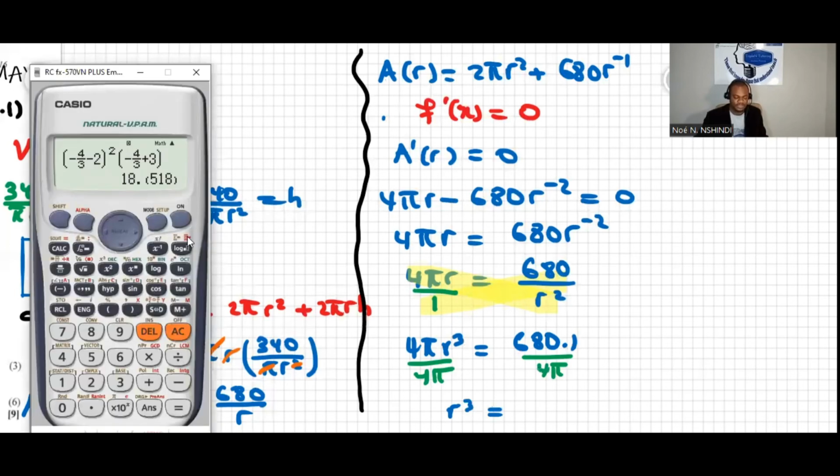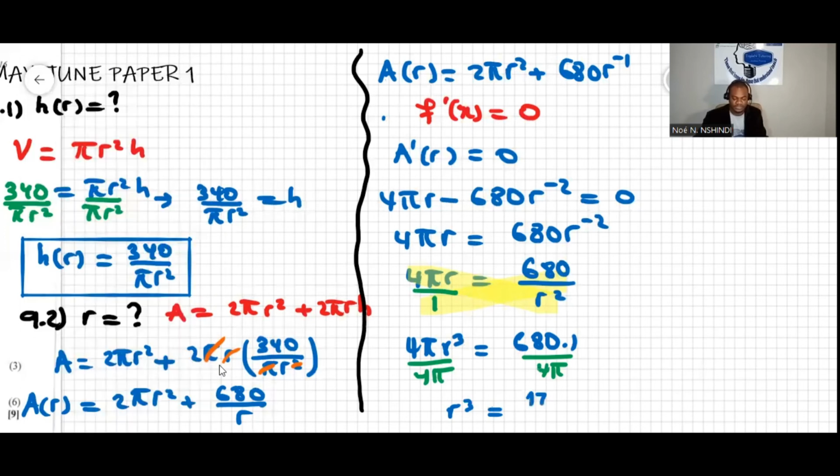680 divided by 4. This is equal to 170. So this is like 170 over pi, that's r cube.